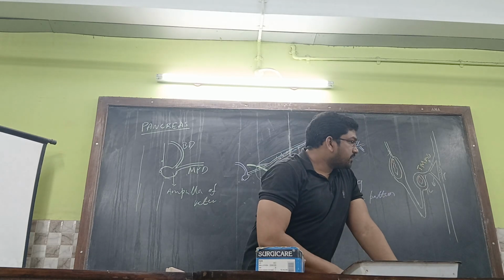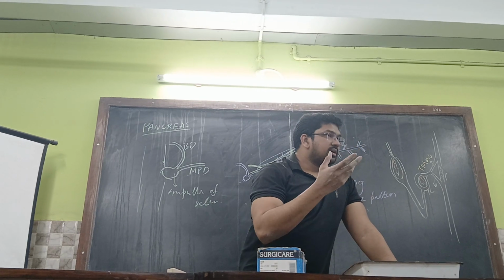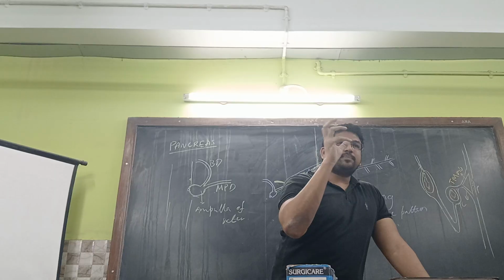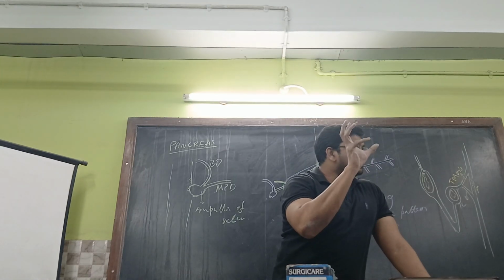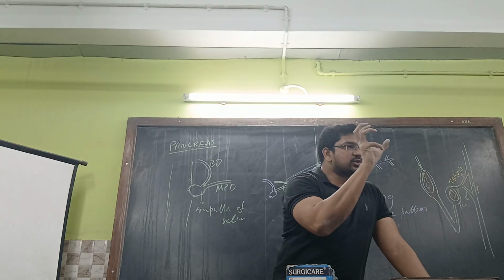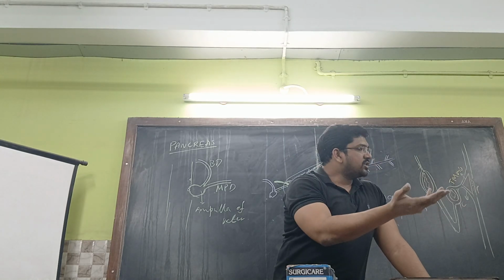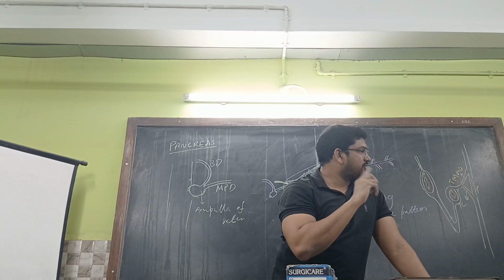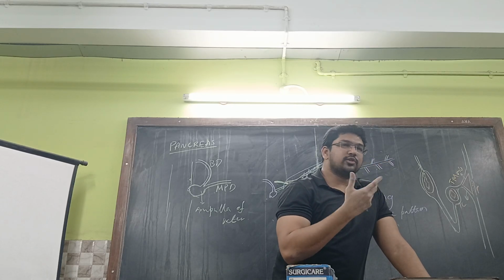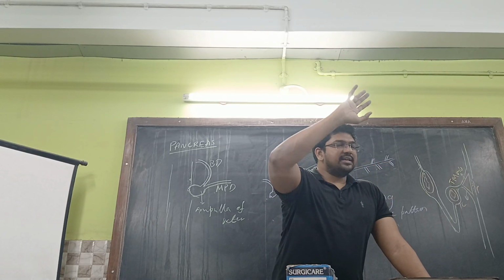Parasympathetic nervous system? Absolutely. The exocrine part of the pancreas, the glands will be releasing the secretions by the squeezing action of which muscles? In the walls of the glands, there will be particular muscles.